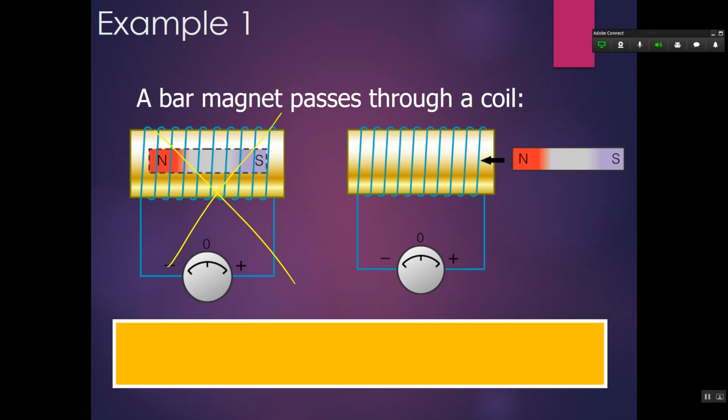What's the direction of the field? Which way is the bar magnet's magnetic field pointing towards?